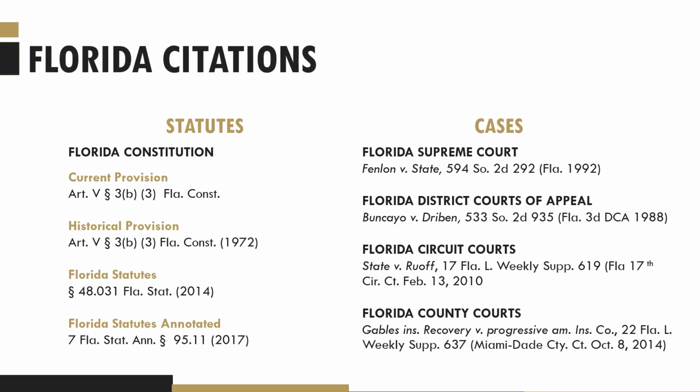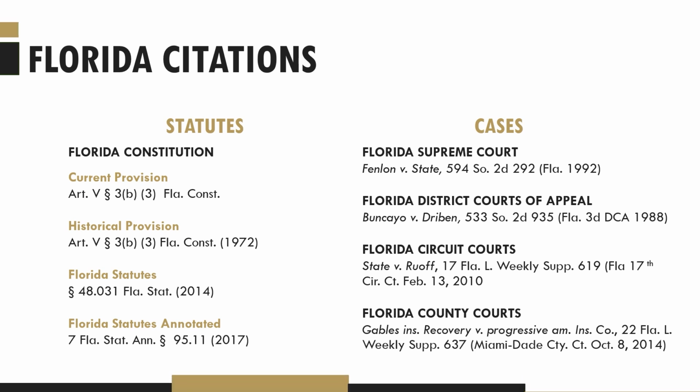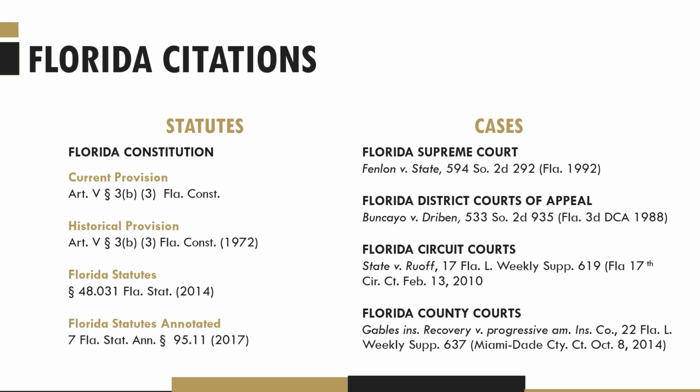Here you see both statutory and case law citations for Florida. The citations shown here were taken directly from the Florida Rules of Appellate Procedure 9.800. Just so that you can get an idea of the variations, for instance, under the Constitution, you would actually cite the article, which would be Art. and, in Roman numerals, the article number.